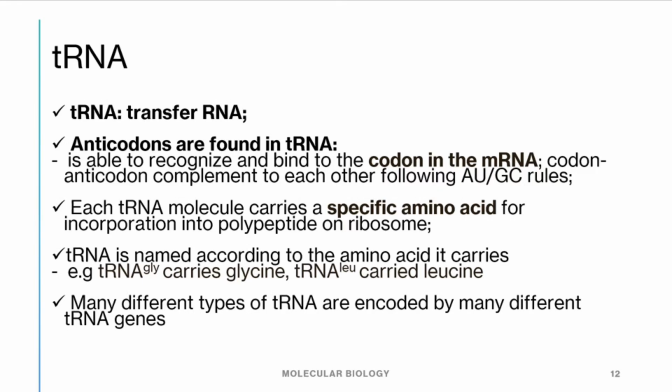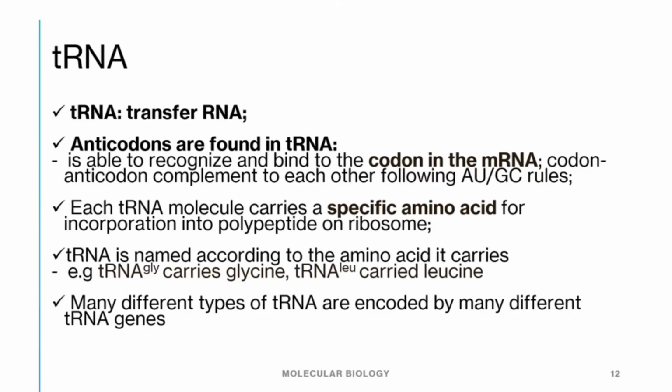Now there are many kinds of tRNA. There are actually 61 different kinds of tRNAs. Every one of them corresponds to one particular codon. Okay. But we call them according to the amino acid that it carries instead. So a tRNA gly is a tRNA that carries glycine.